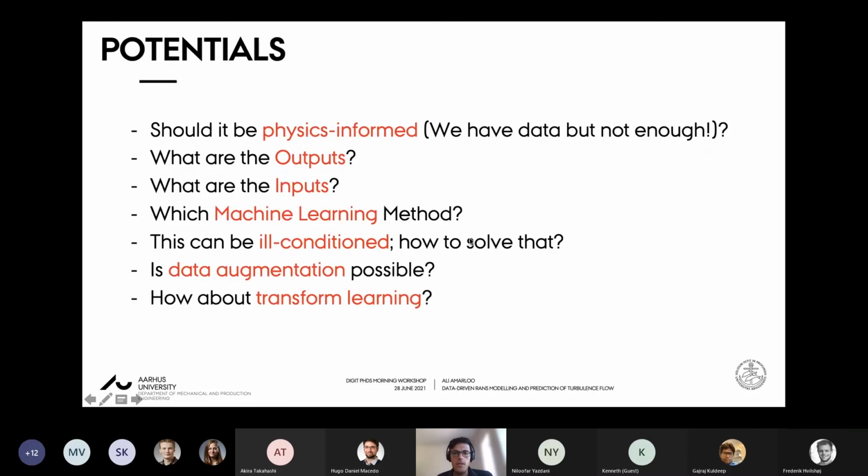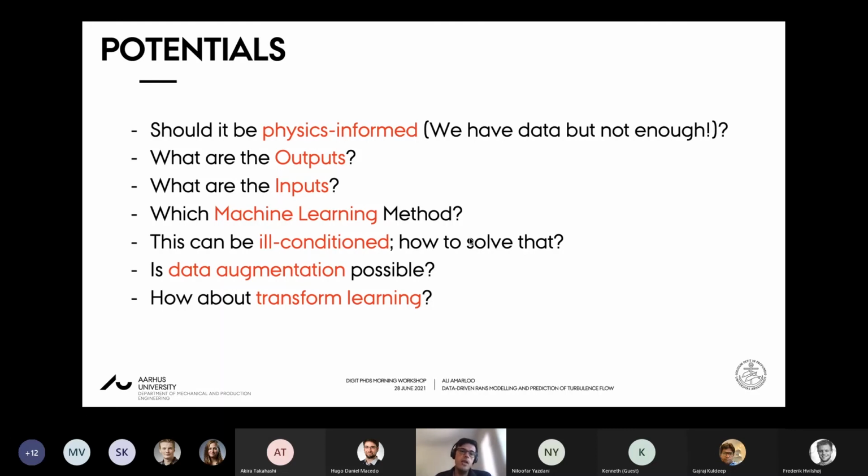So there is potential for that, and we can work on it. But these problems and potentials are more than that. We have to introduce the physics of the flow to the machine, because we have data, but if you remember, the problem was that we cannot perform the high-fidelity simulations on all cases. So we don't have enough data. So maybe we have to use the physics of the domain to make the computer much smarter and learn faster.